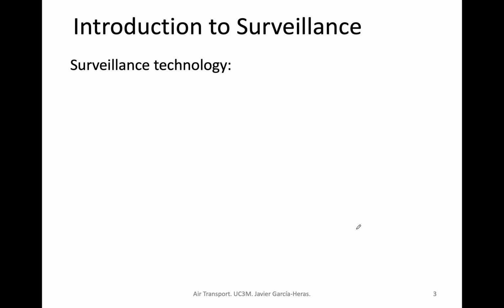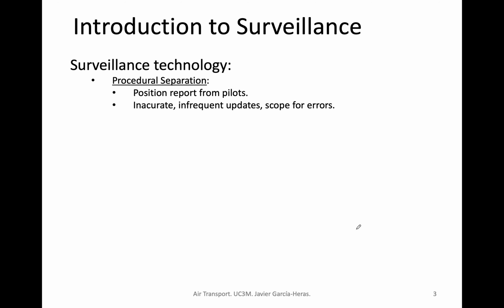So, the different technologies we have. We already mentioned the procedural separation. I didn't mention before, but it's important to remark that it is less accurate than others, because you only get updates on the position when the pilot notifies or contacts the traffic controller.